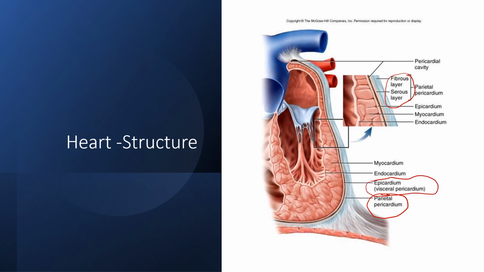So visceral, always think about the organ. Lining the inner aspects of the heart, which then goes along with the valves as well, is the endocardium. And lastly, where our focus will be mostly in week 1 is the myocardium. Understand that the myocardium is the muscle layer of the heart.